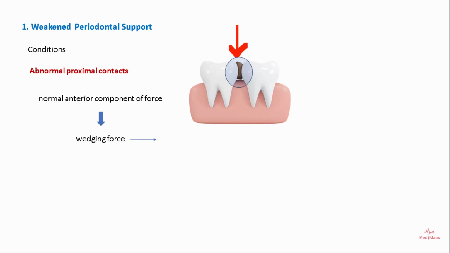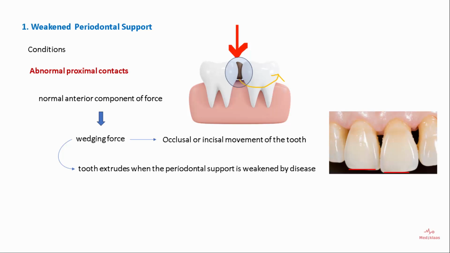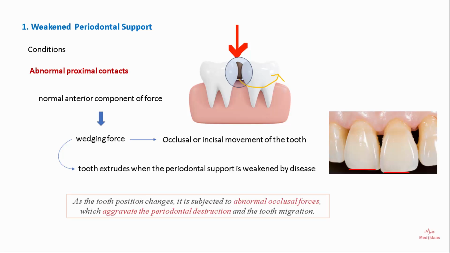Wedging force results in occlusal or incisal movement of the tooth. Due to this force, the tooth extrudes when the periodontal support is weakened by disease. As the tooth position changes, it is subject to abnormal occlusal forces, which aggravates the periodontal destruction and results in tooth migration.